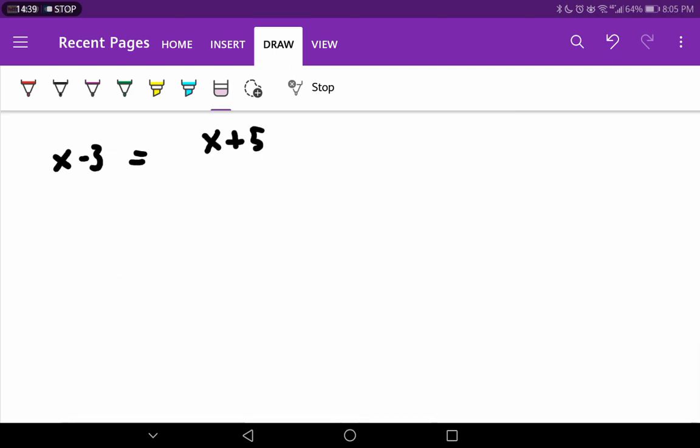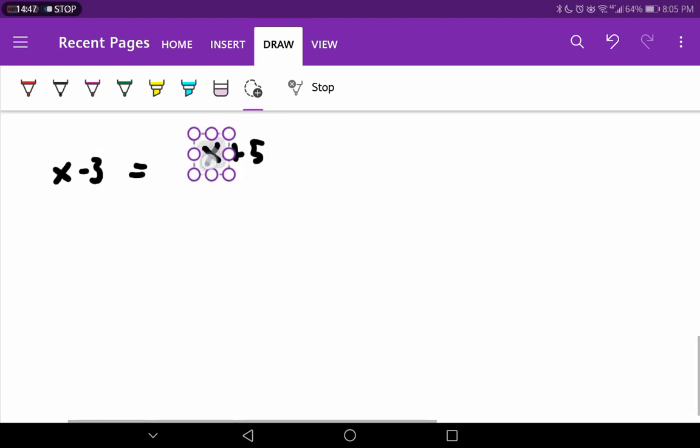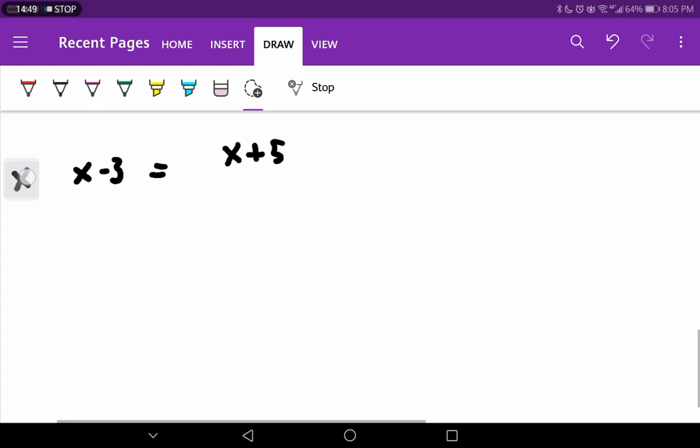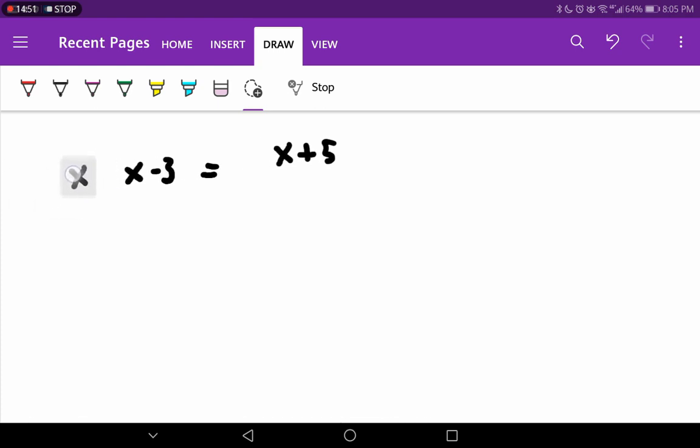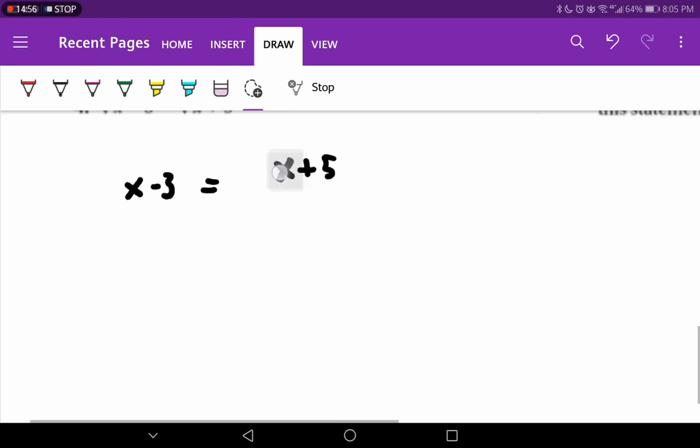We put the x's on the same side. So I will move this poor x here, but I have to change its sign. And because I don't want to confuse you, I will repeat. Bring it back. I will move the numbers here. I will start with the number.